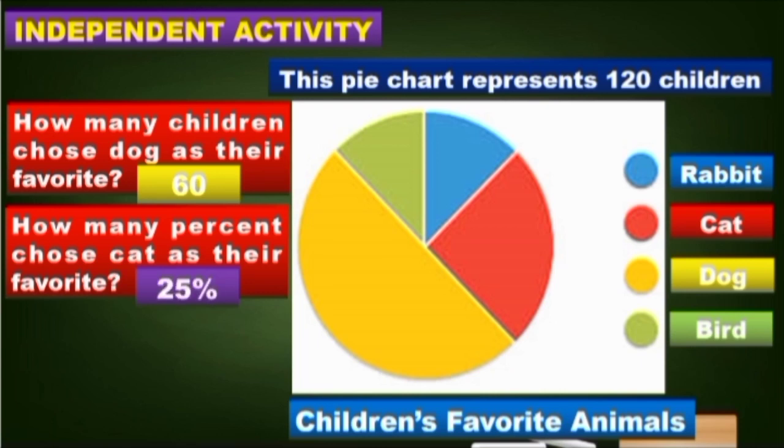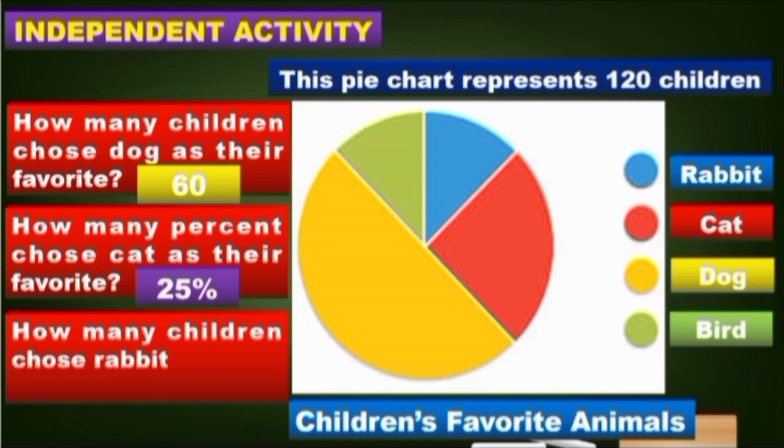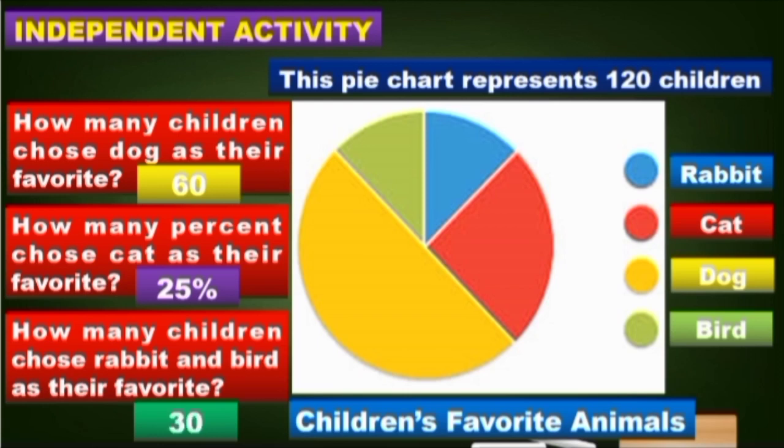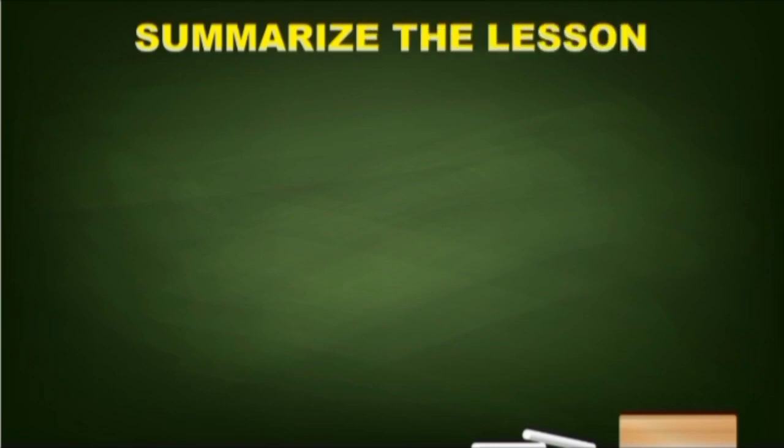Right, 25%. And the next question, how many children chose rabbit and bird as their favorite? What is the answer? Very good, 30. Let us now summarize the lesson.